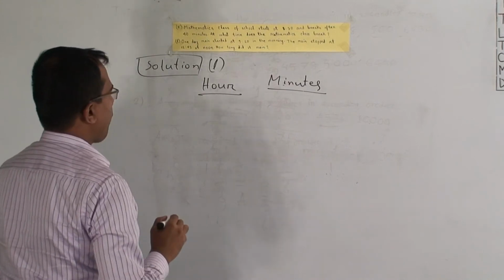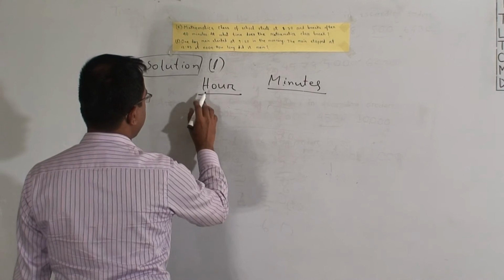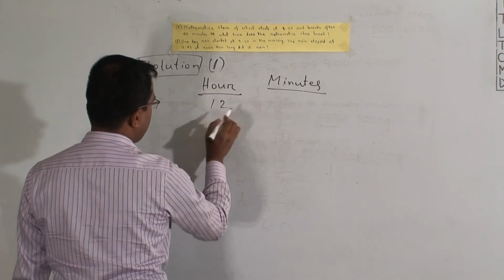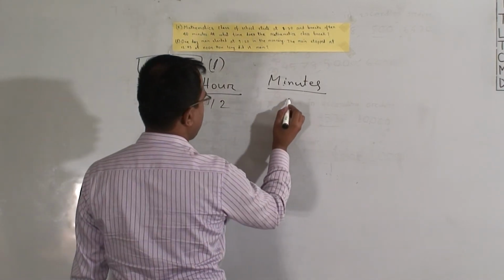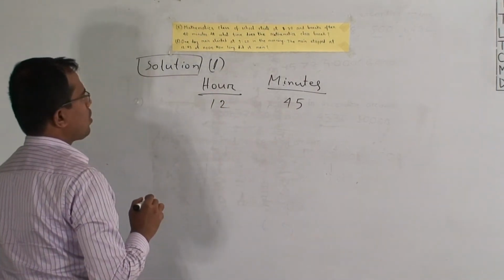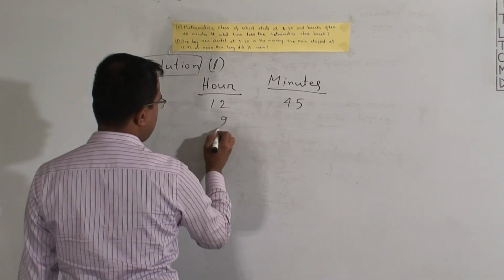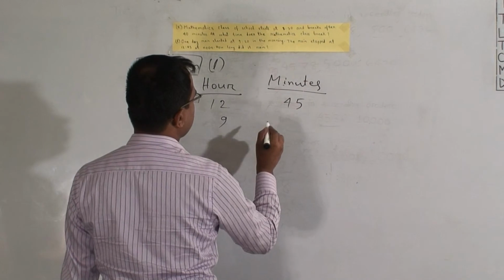Here the rain stopped at 12:45. That means in the place of hour we write 12, and in the place of minutes we write 45. The rain started at 9:20. So in the place of hour we write 9, and in the place of minutes we write 20.